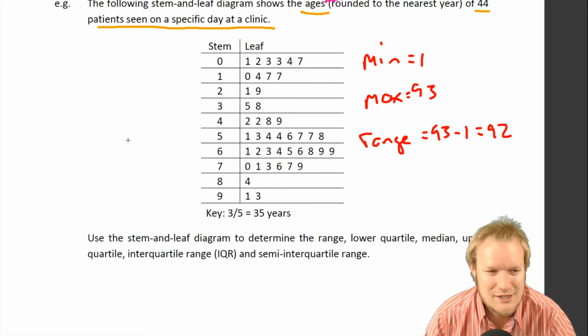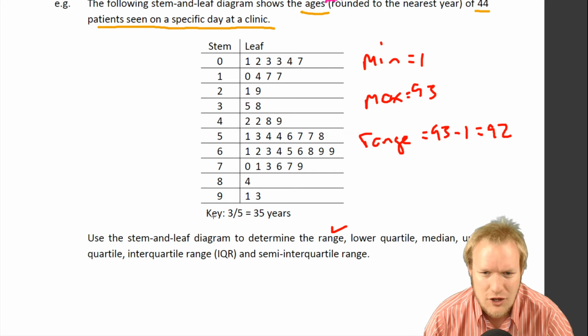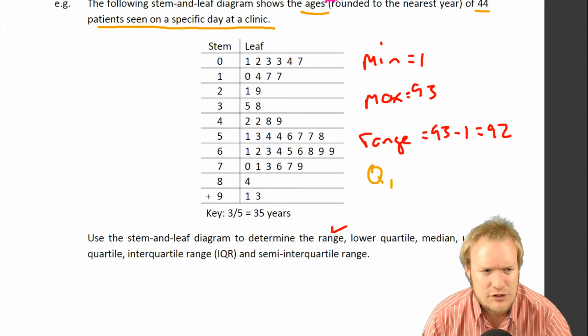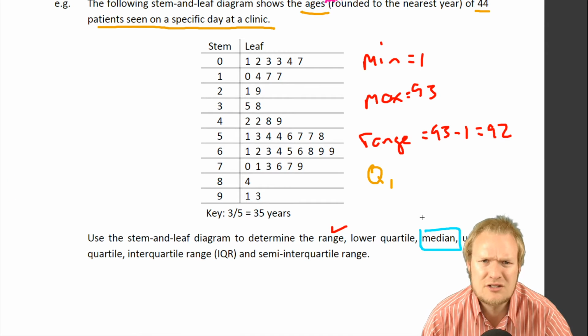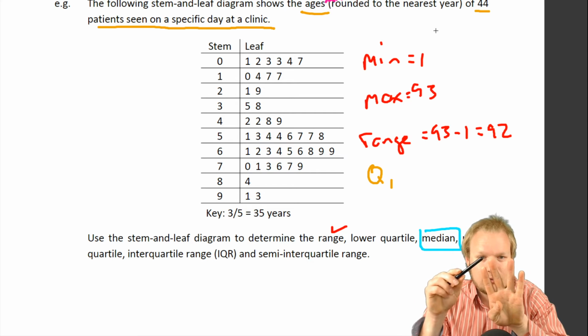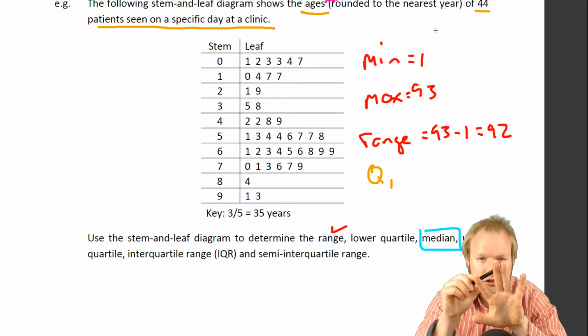Okay, what next do we have here? So we've got the range, the lower quartile. So the lower quartile is Q1. Now before we work out the lower quartile, I think it's more useful to work out what our median is. What is the median again? The middle one. So if there are 44 patients, where is the median? 44 is an even number, so we know we're going to have 2 in the middle.